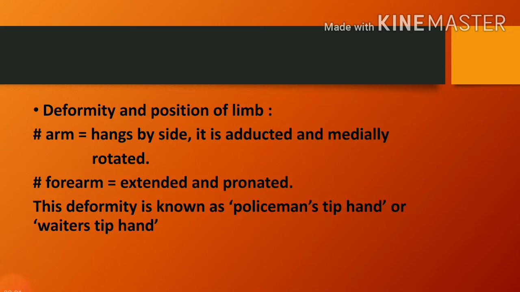Definitely the muscles are paralyzed, so he is not able to lift his arm. It is adducted and medially rotated. The forearm is extended and pronated, and it ultimately gives a look like policeman's tip or waiter's tip hand. Anybody who takes a bribe can make that type of hand.